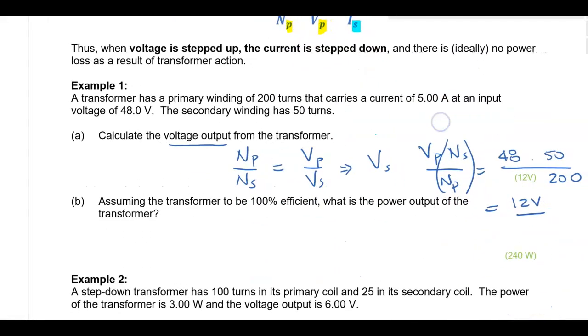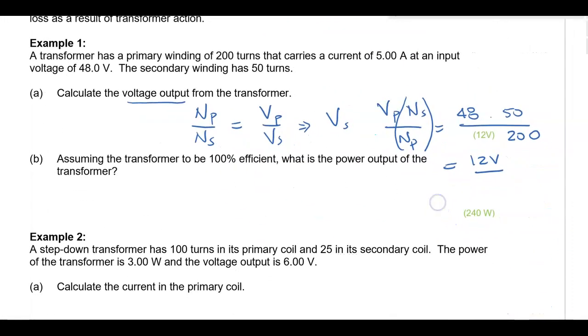Let's have a look at example 1. We'll do this super quick. Okay. You've got primary windings of 200 turns, a current of 5 amps, and an input of 48 volts. The secondary winding is 50 turns. What's your voltage output going to be?